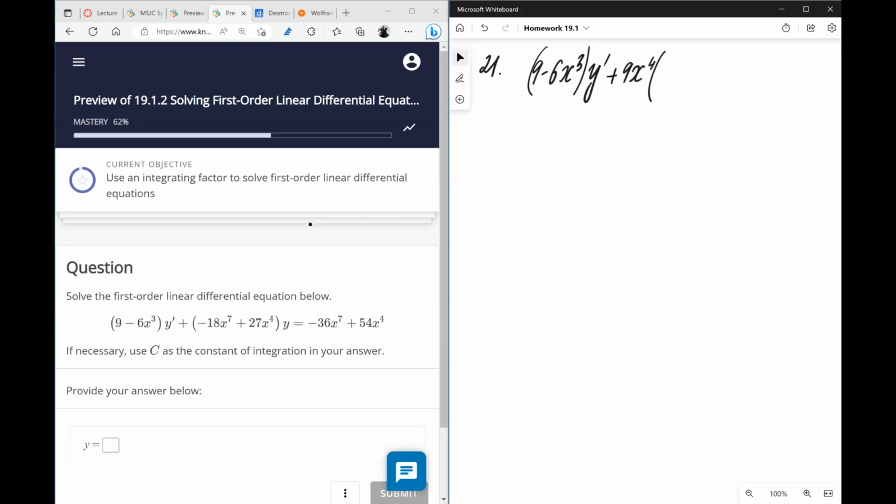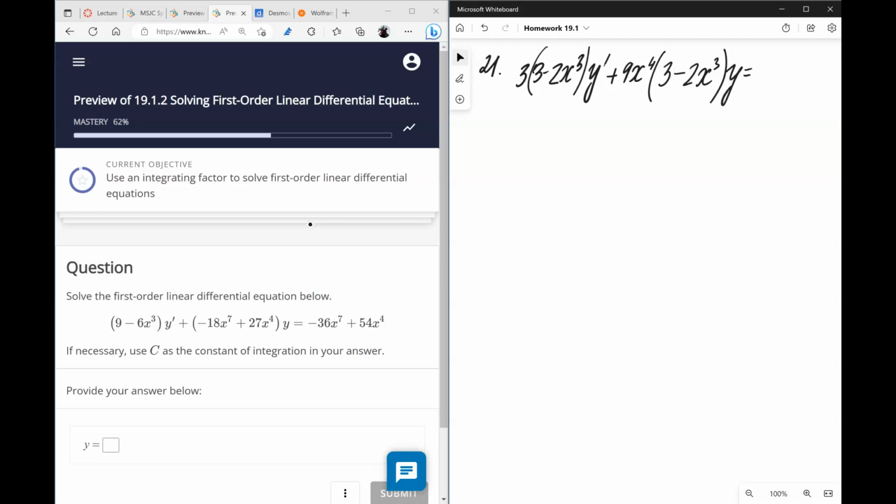So we have 3 minus 2x cubed. I guess we can take out 3 over here too. So we get 3 minus 2x cubed.